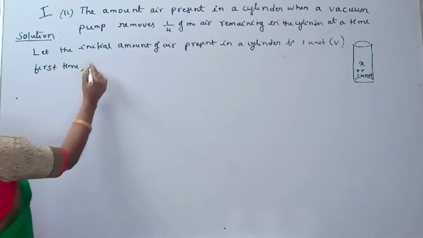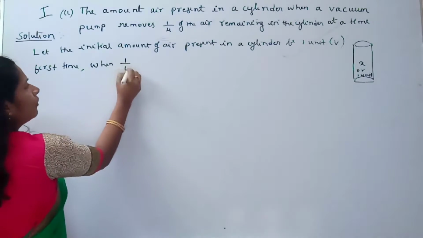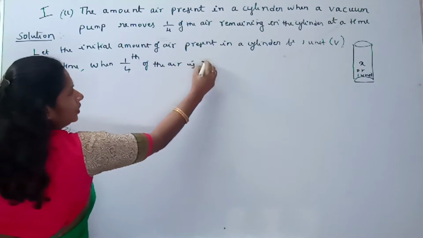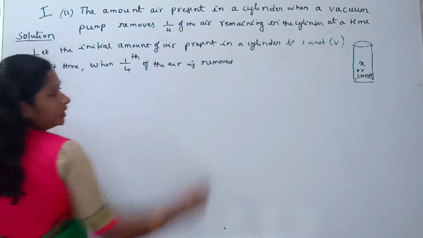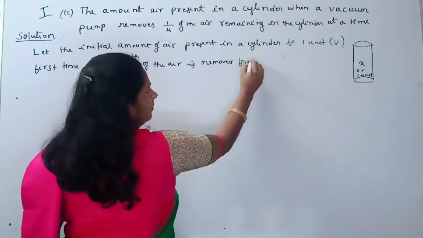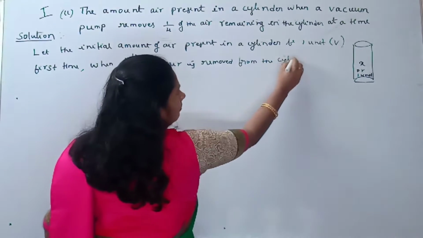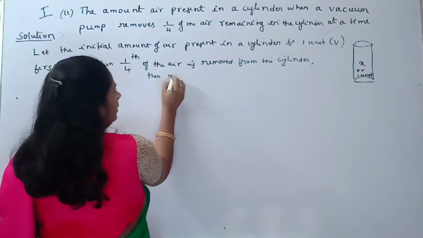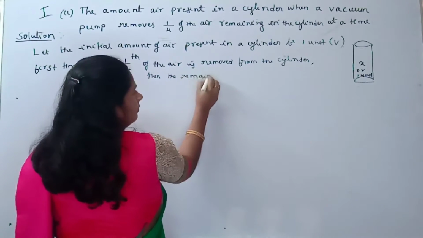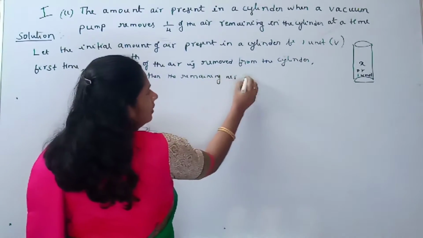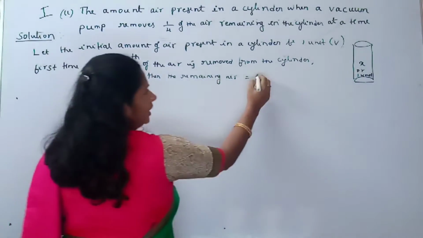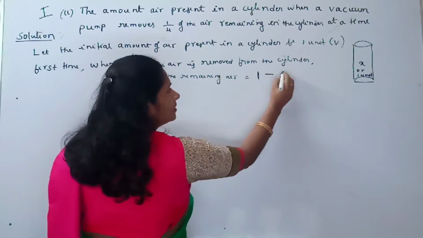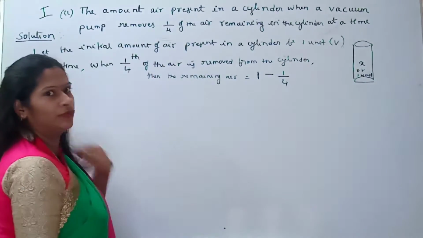So when the first time 1/4 of the air is removed from the cylinder, then the remaining air is how much, children? So 1 unit we have taken, the amount of air present in a cylinder we have taken 1 unit minus 1/4 of the air is removed from the cylinder.